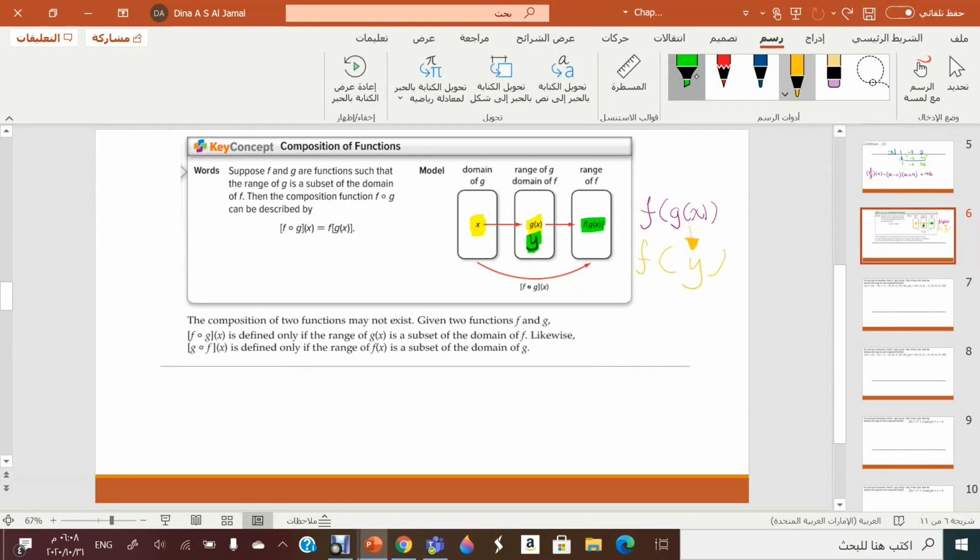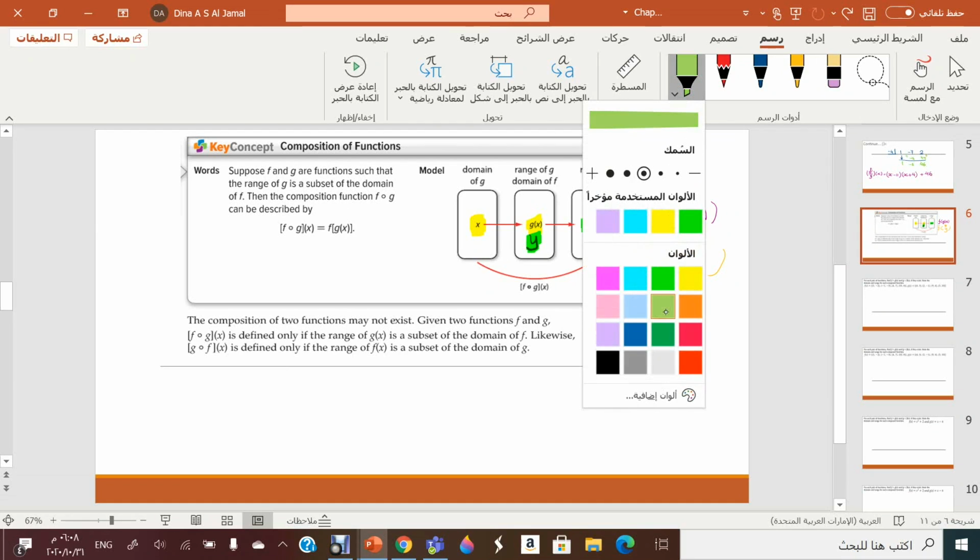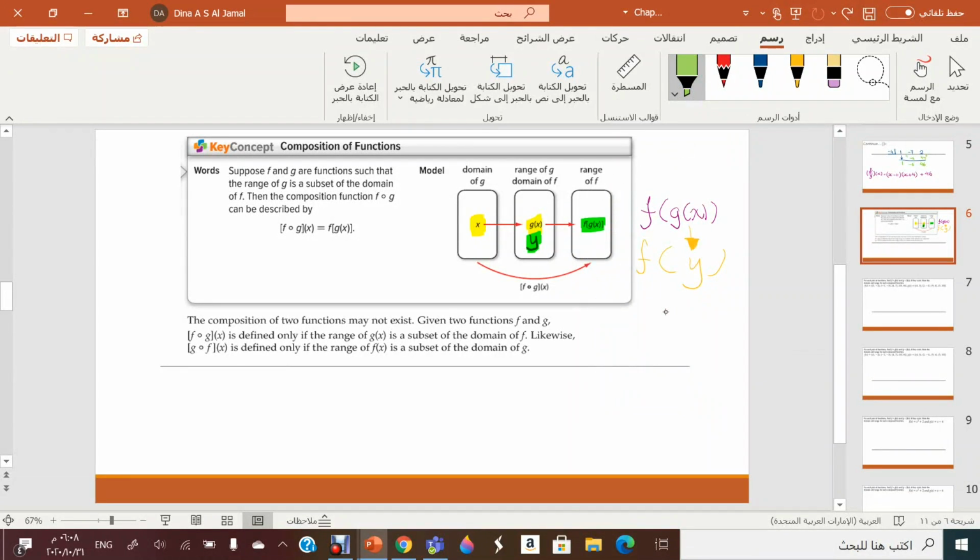So now let's read these two sentences which are very important. The composition may not exist, but how can I know if they exist for me or not? So f o g, which is the composition, will be defined only if the range, which is these values of y, is a subset of the domain of f.